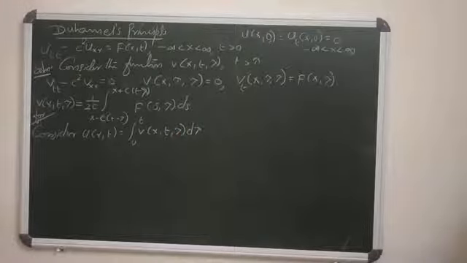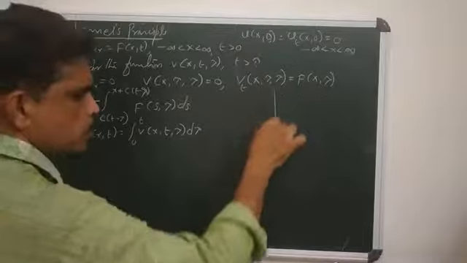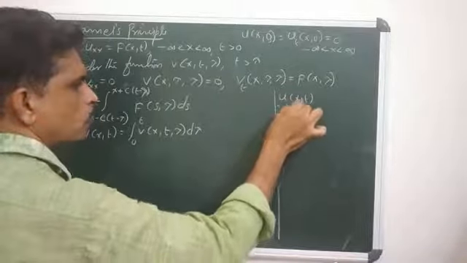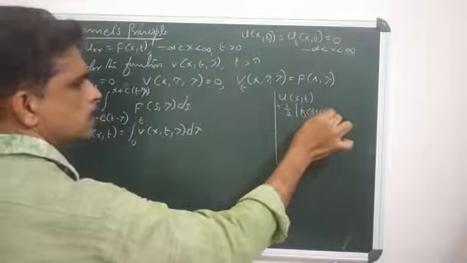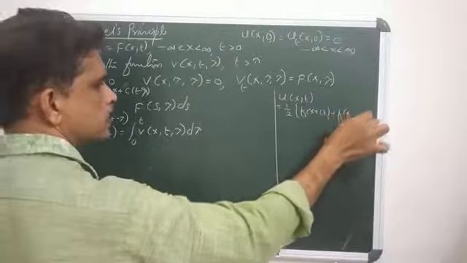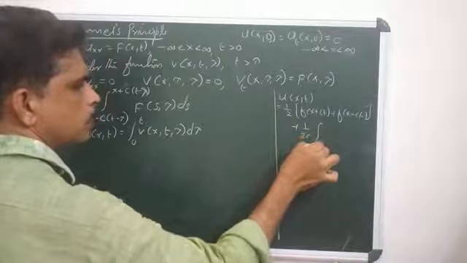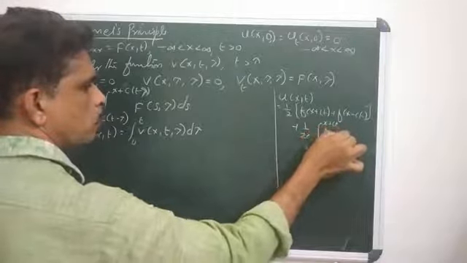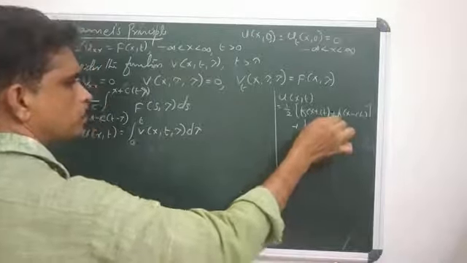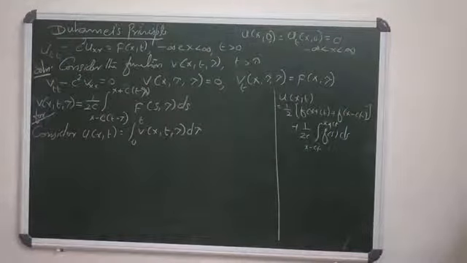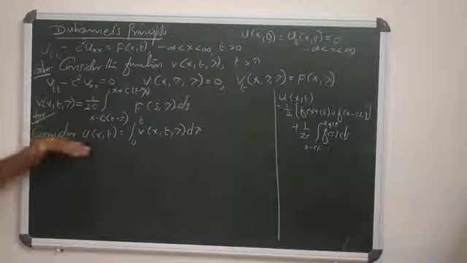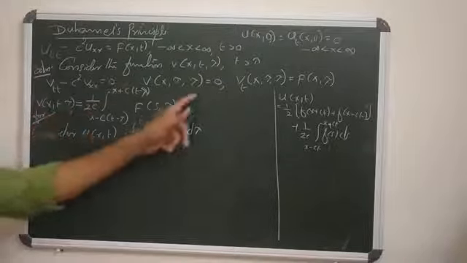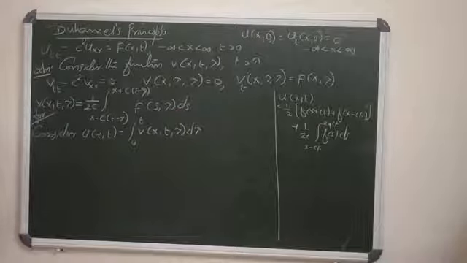Because we know that the D'Alembert solution is u(x,t) equals half of f of x plus ct plus f of x minus ct, plus 1 by 2c into the integral from x minus ct to x plus ct of f of s or g of s ds, whatever it may be. So this is D'Alembert's solution. Here u(x,t) is the integral from 0 to t of v(x,t,lambda) d lambda, and v(x,t,lambda) is defined in this way.